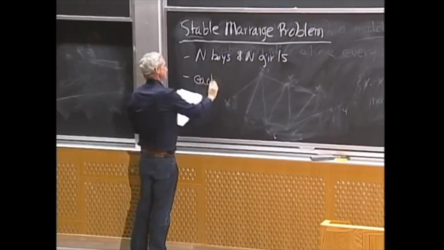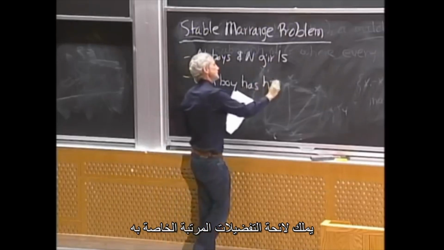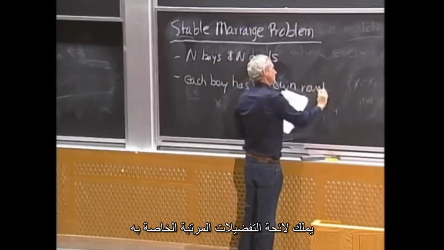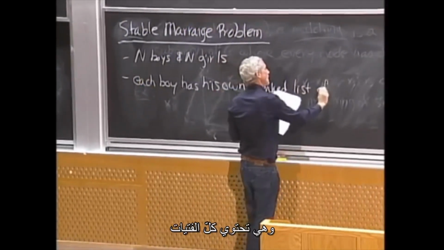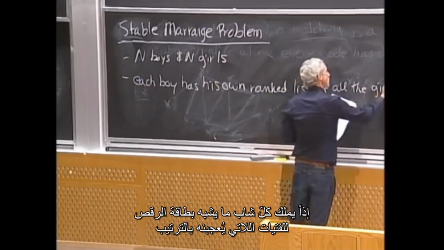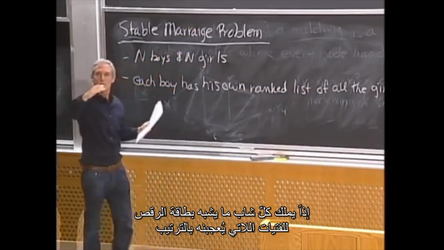Each boy has his own ranked preference list of all the girls. So every boy sort of has his dance card of the girls that he likes in order.